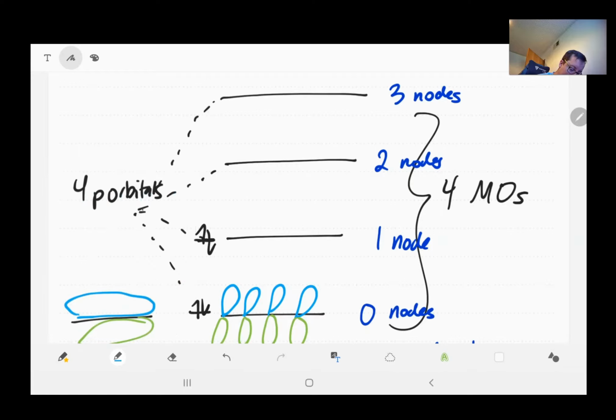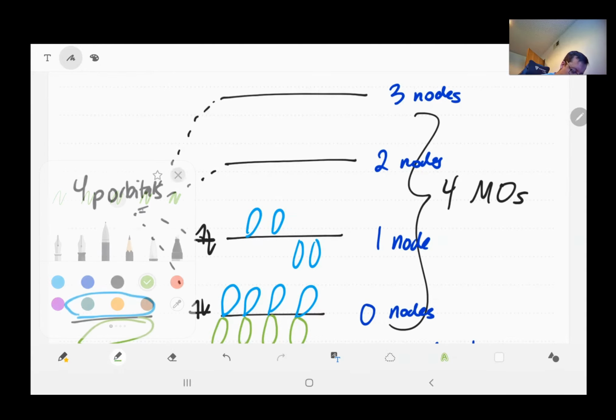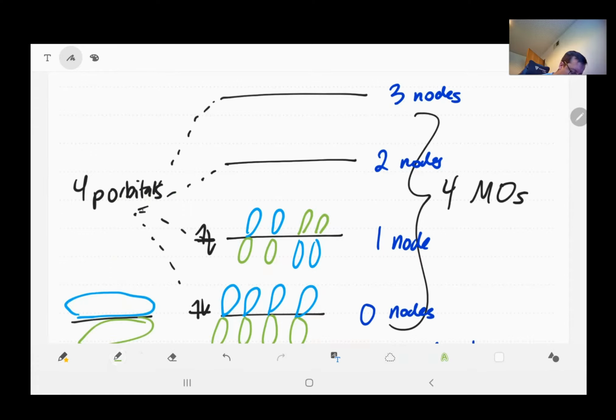If we have 1 node in our molecule, that means we have 1 area where those will kind of flip over. So we've got now 1 node in between these, in our molecular orbital here. So in reality, goodness gracious.